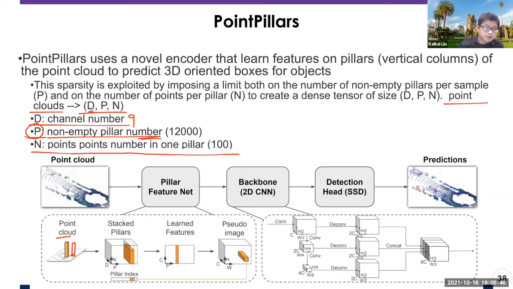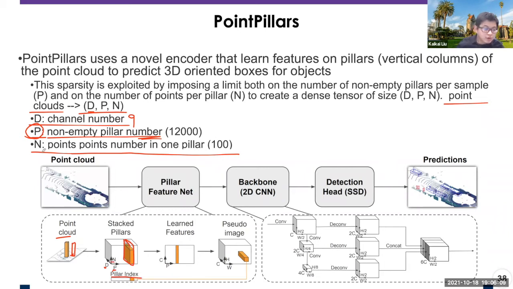D is the feature dimension, 9 over here. P is the number of pillars. So that means every cubic block in this direction is for one pillar, right? Because P is the dimension for the pillar index.